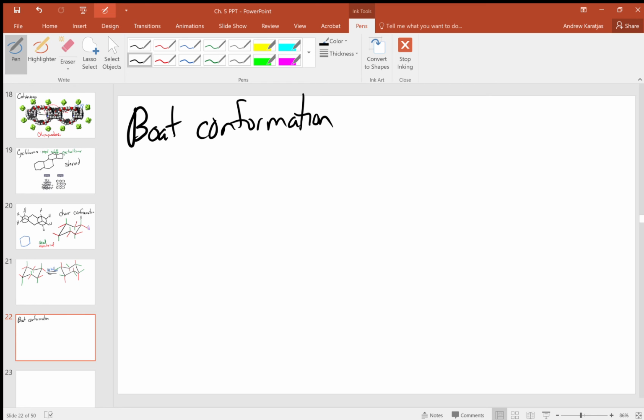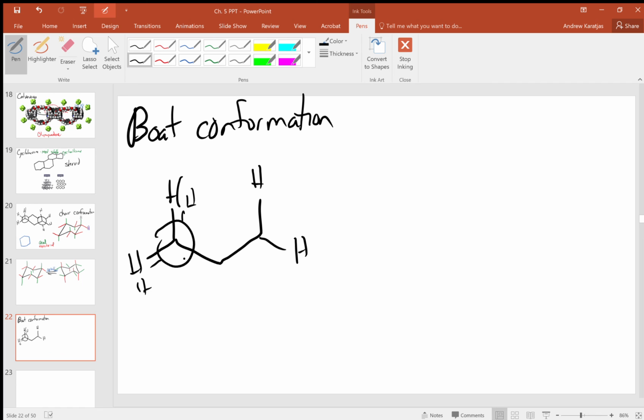And I want you to move them around to the point where instead of all your bonds being staggered, they all become eclipsed. And so that's known as your boat conformation.